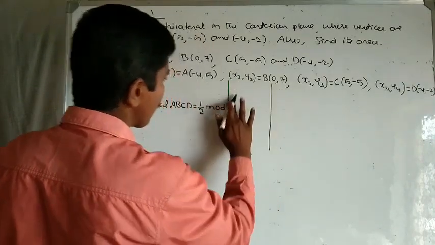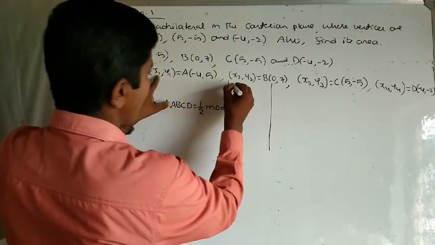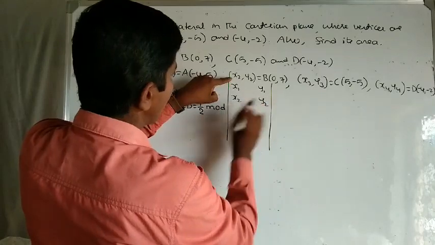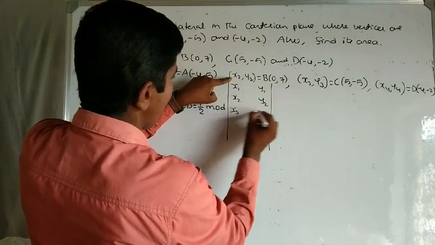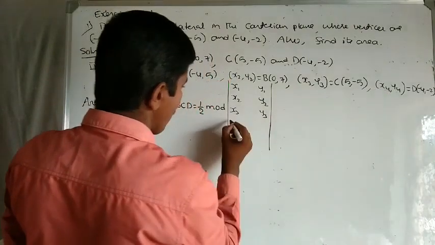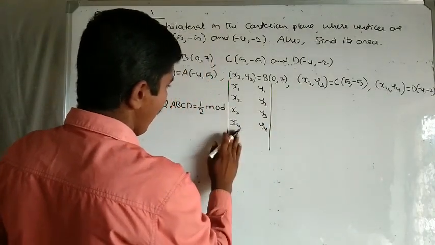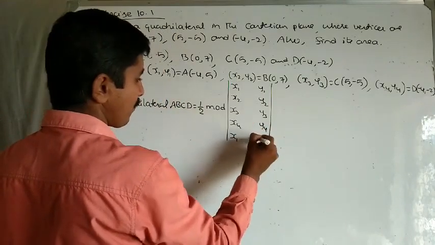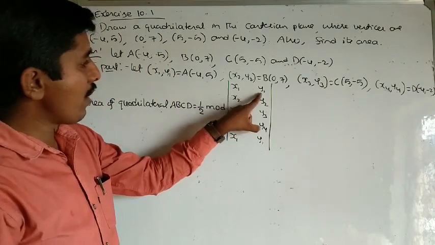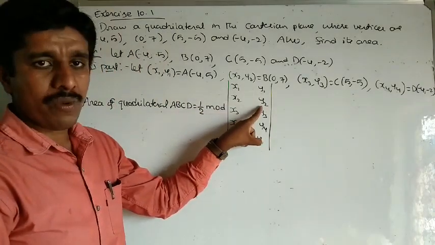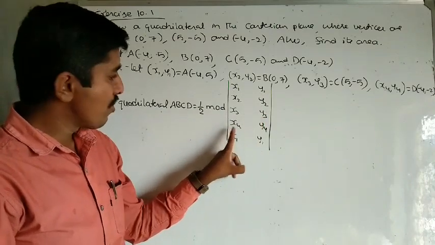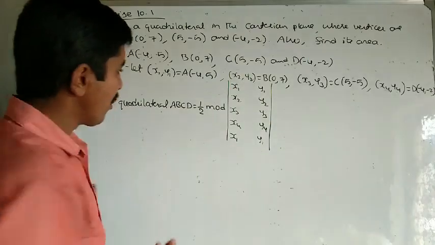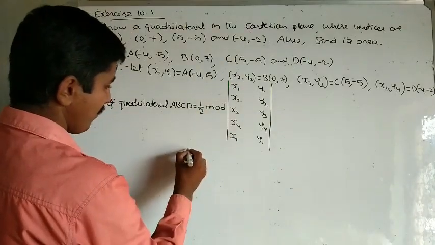First point coordinates x1, y1. Second point coordinates x2, y2. Third point coordinates x3, y3. Fourth point coordinates x4, y4. Next, the last point is again the first one, x1, y1. I am going to substitute these values here.